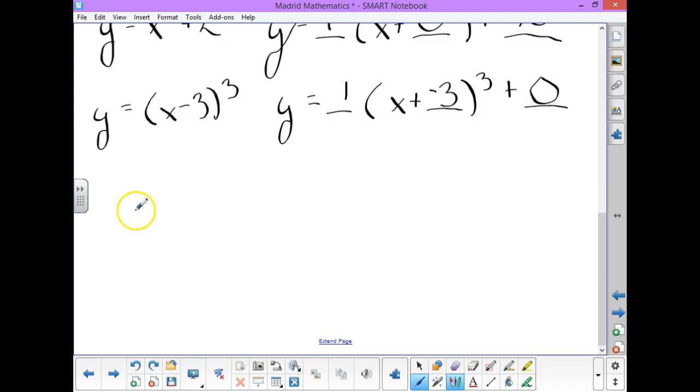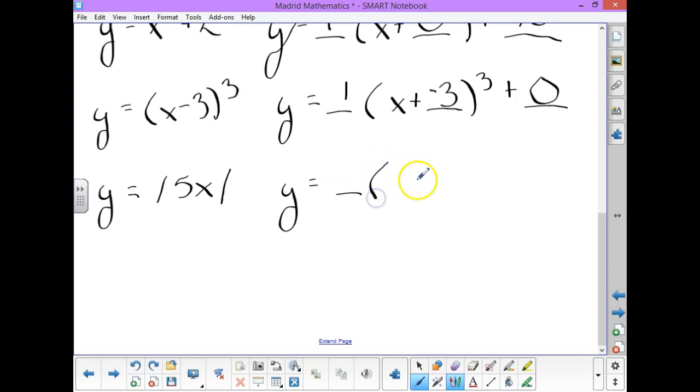Let's take a look at absolute value. Now there are some exceptions, but for the sake of this assignment, this should be sufficient. I do need something here: a blank times x plus blank, plus something out here.